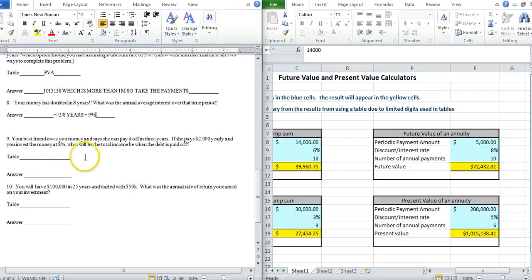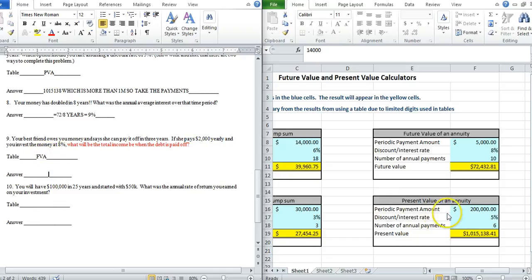Number 9, your best friend owes you money and says she can pay it off in 3 years. If she pays you $2,000 yearly and you invested the money at 8%, question, what would be the total income when the debt is paid off? Paid off is out in the future in 3 years, so it's going to be a future value. Go to the money, $2,000, it says yearly. Yearly is an annuity.